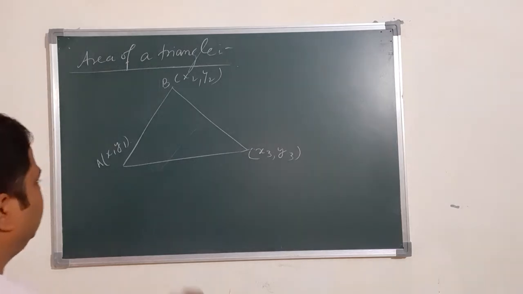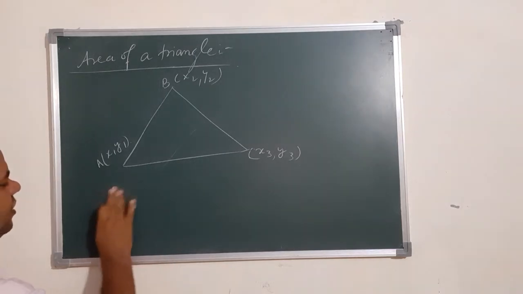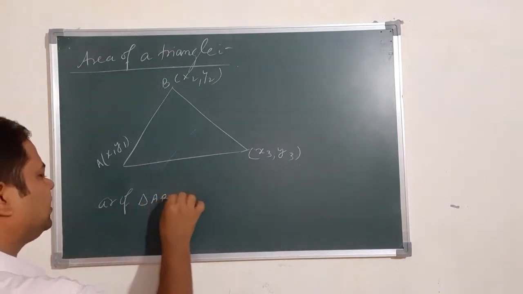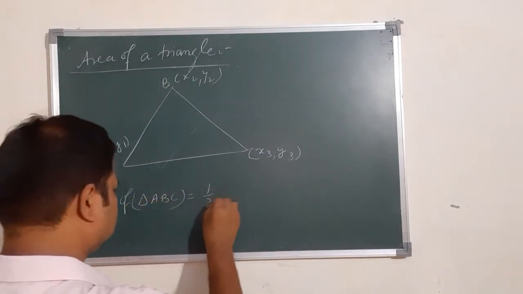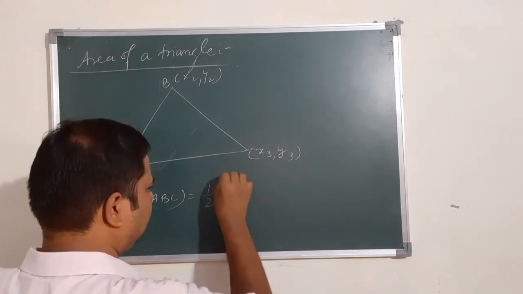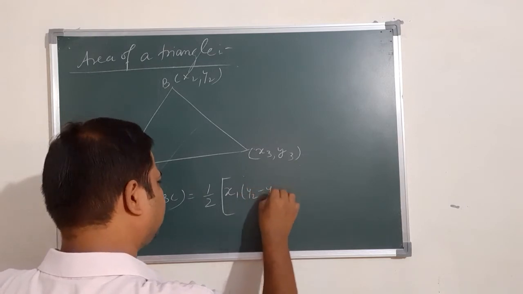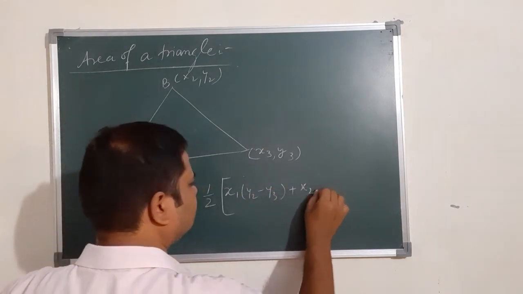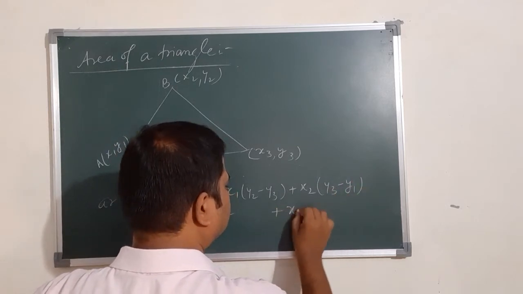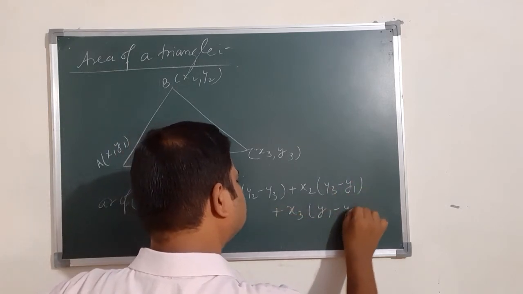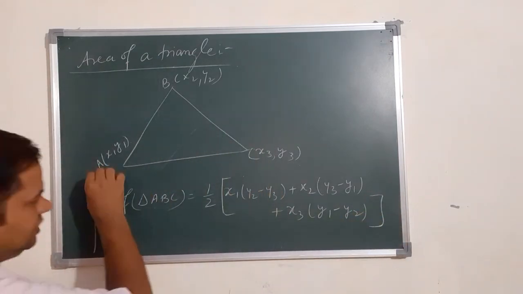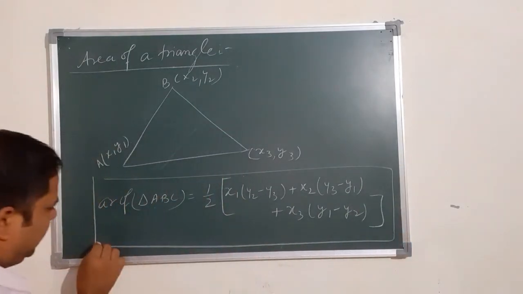You just write it: area of triangle ABC is nothing but half of x1(y2 minus y3) plus x2(y3 minus y1) plus x3(y1 minus y2). So this is the area of triangle ABC, which you can find very easily.